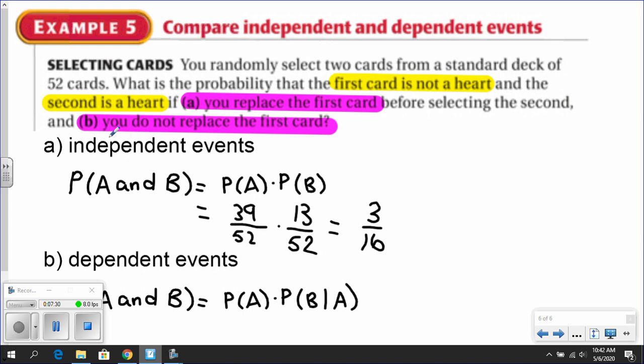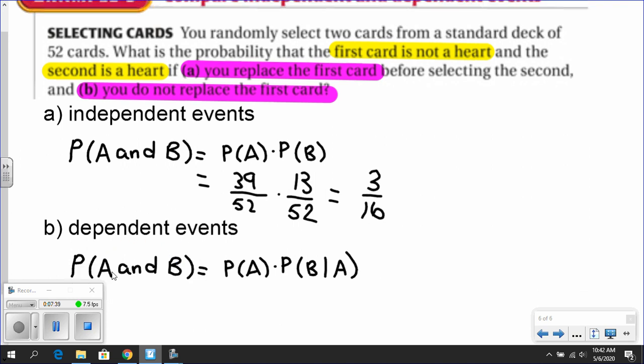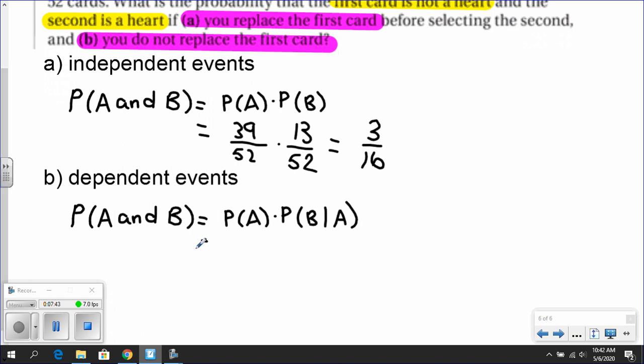For part B, you do not replace the first card, so these are dependent events. The probability of event B occurring depends on did A occur or not. So we already know that the probability of event A occurring is 39 out of 52. Now I took that card and I placed it to the side.